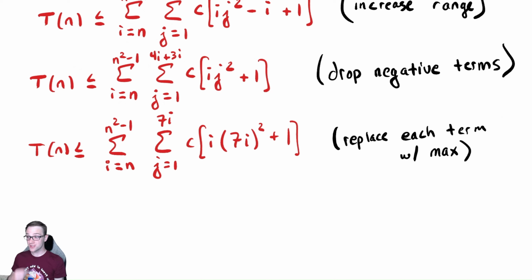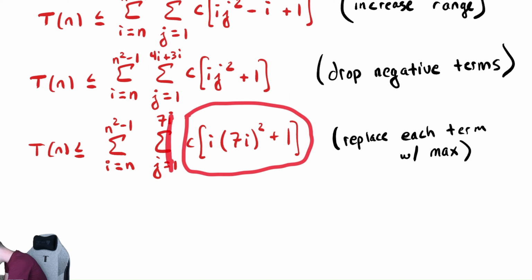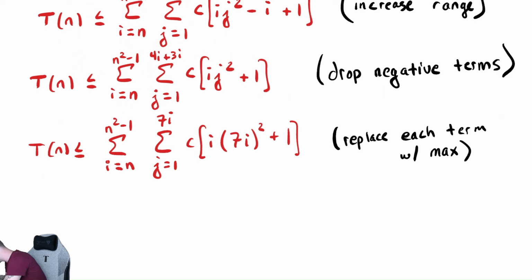And now, just as we saw with our first summation, the summation index, j, no longer appears inside of the summation. We've eliminated it from the problem. So the summand has become a fixed quantity, something that has nothing to do with j, so we can take whatever appears inside of the sum and multiply by the number of terms in the summation, just as we had done before. So T of n is less than or equal to that outer sum we keep untouched.